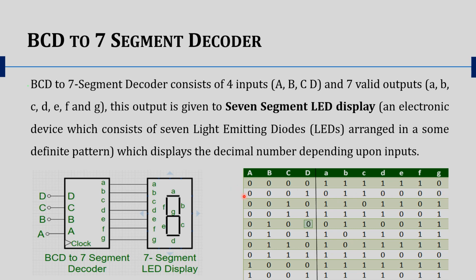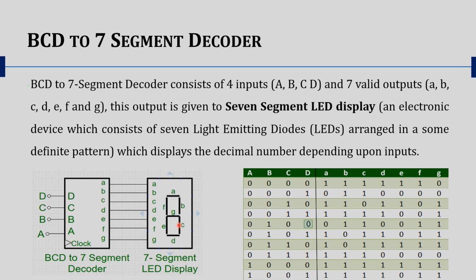So for the combination 0 0 0 1, that is to display the number 1, B and C, those two output lines will be active high and all the other output lines will have the value 0. Then for displaying the number 2, A, B, G, E and D will have the value 1. F and C will have the value 0.